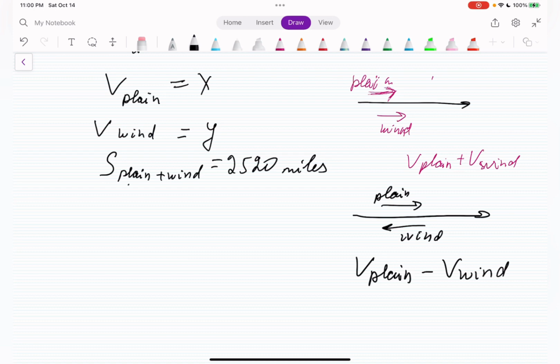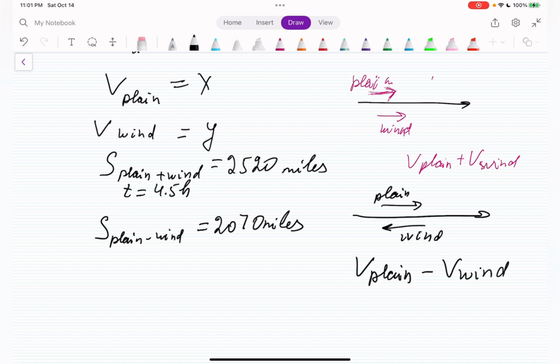So t is equal to 4.5 hours. And flying 2,070 miles against the wind, so it's going to be distance, plane minus wind.